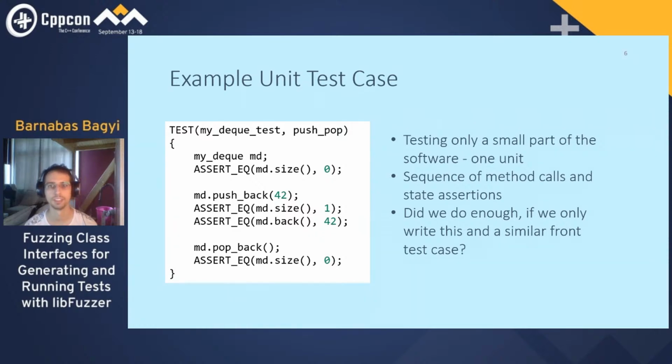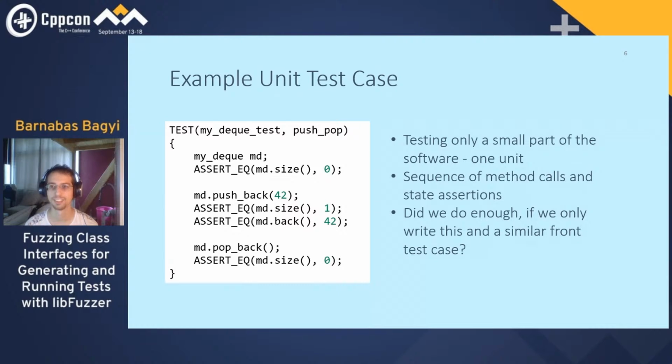Now let's pretend that we finished the implementation of the class and are very eager to test it out. Let's see whether it works or not. What we would do is that we would write unit tests for it, just like the one on the screen. I have used Google Test for the sake of this example, but I imagine all unit test frameworks to be quite similar.